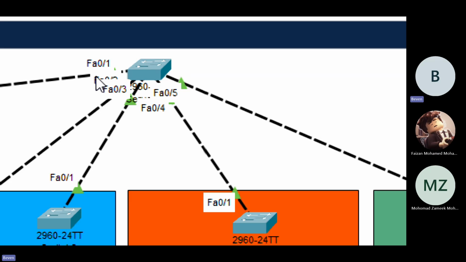Then we don't have to access the switch afterwards. Whenever you go to configure department 2, again you have to access the server switch and set the changes. So in order to avoid that, we'll just trunk FA0/1 to FA0/5 using one single command.